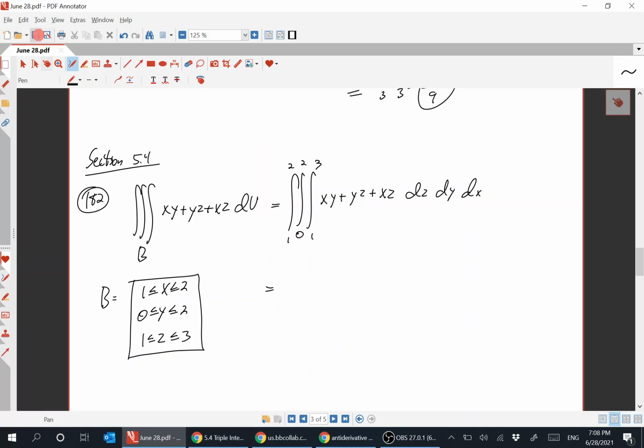What does the triple integral calculate, by the way? Right, the double integral, geometrically it calculates a volume, right?